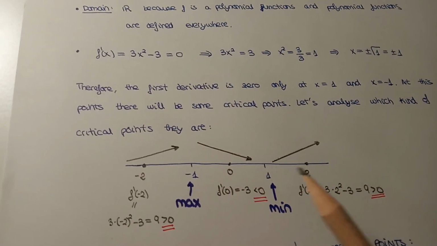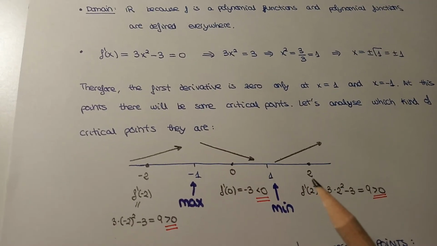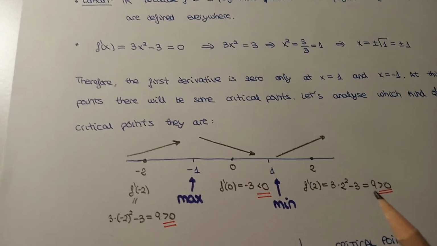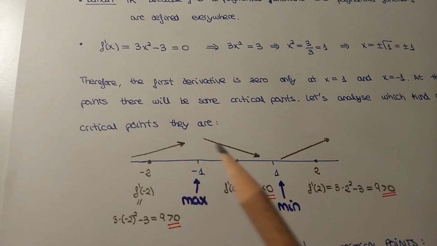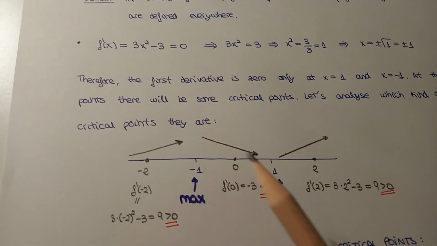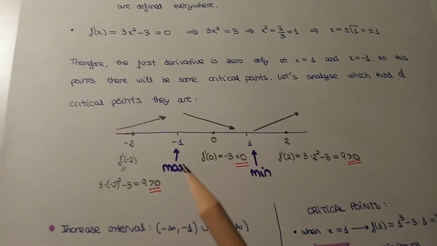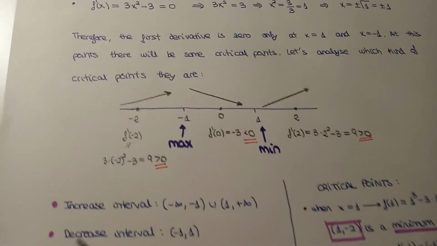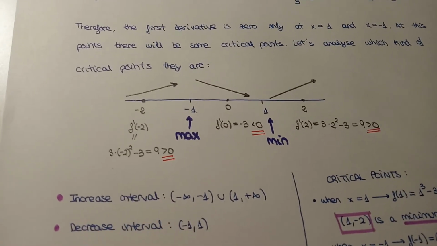Then in this interval, I've chosen the value 2 and replaced it in f prime. It's 9, positive, so the arrow goes up. We've got a maximum at x equal minus 1 and a minimum at x equal 1. So I already know which kind of critical points they are, and I'm also able to write the increase and decrease intervals.